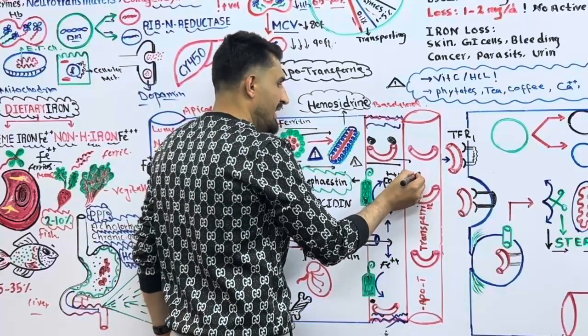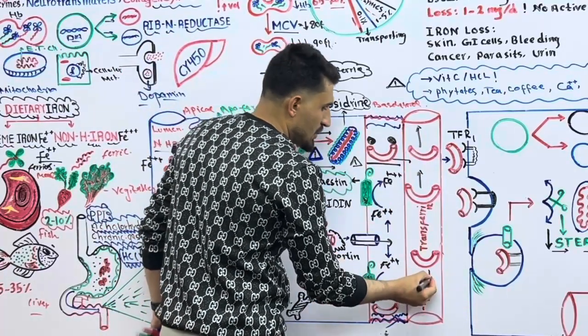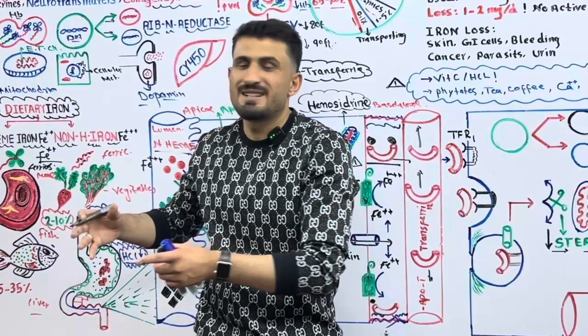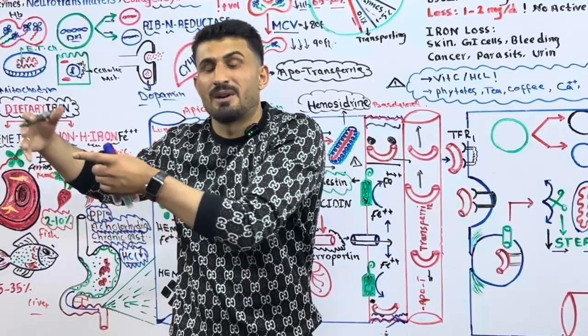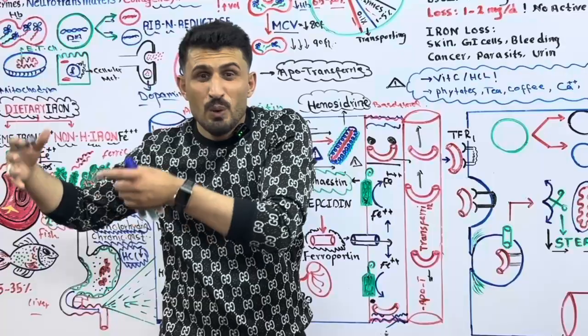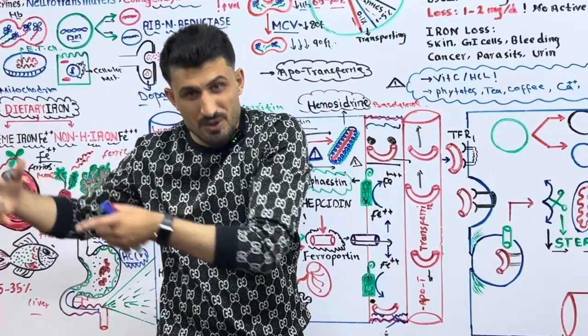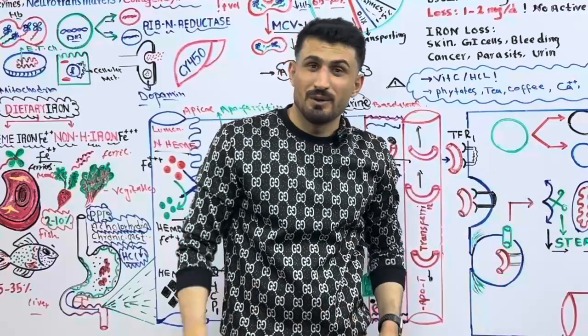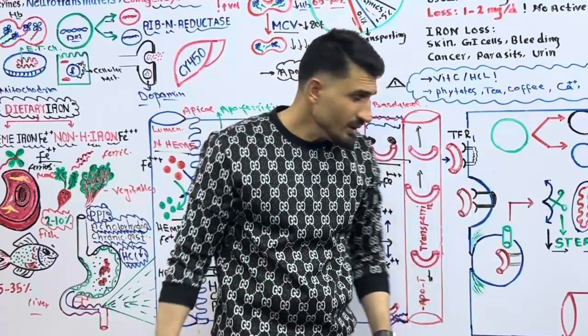Now it's ready to go to the different tissues that need it. We need some iron for enzymes, some iron for making hemoglobin, some iron to go to the central nervous system, and some iron to go to the bone marrow to make a lot of RBCs.